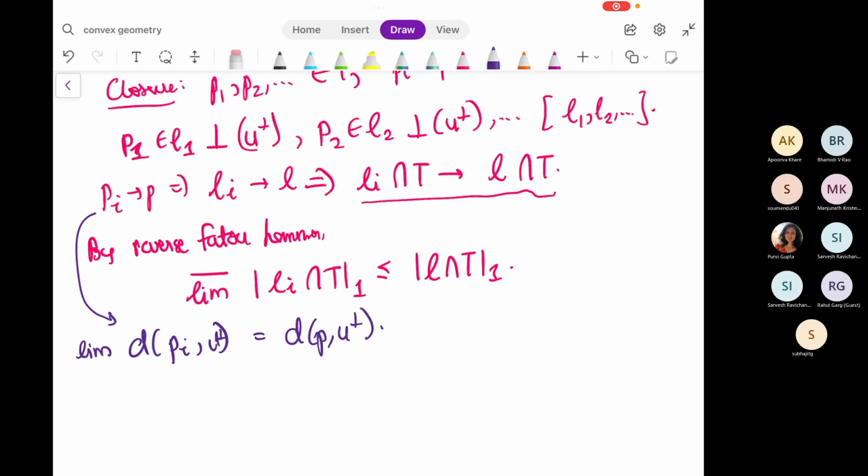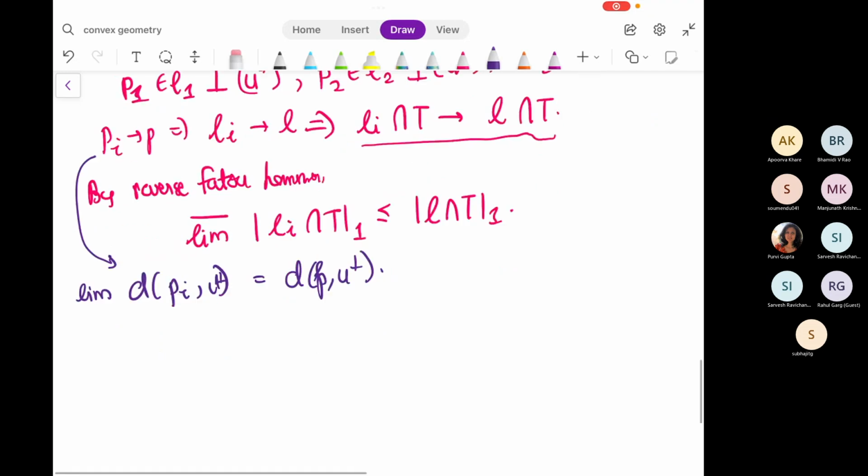So the distance from P to U perp is important because that tells you whether or not P will belong in the symmetrization, right? P belongs in it if and only if that distance is small enough so that that particular volume of the line intersecting T, which contains P, has enough Lebesgue measure, right?